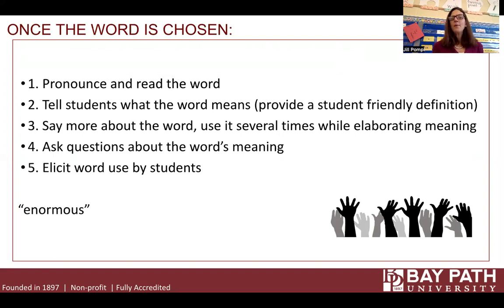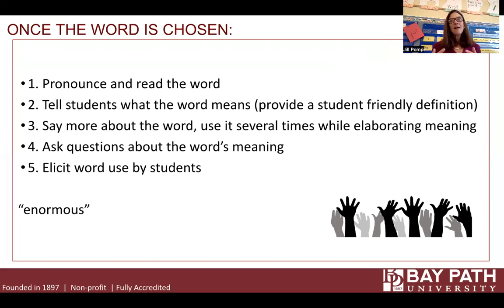I'm going to say more about the word, using it several times while elaborating its meaning. When I was traveling, I couldn't help but notice the enormous Grand Teton Mountains. Or, I am so hungry, I could eat an enormous plate of spaghetti.